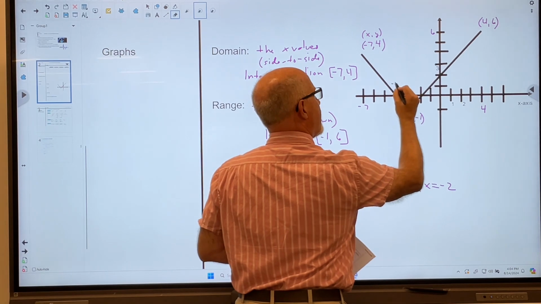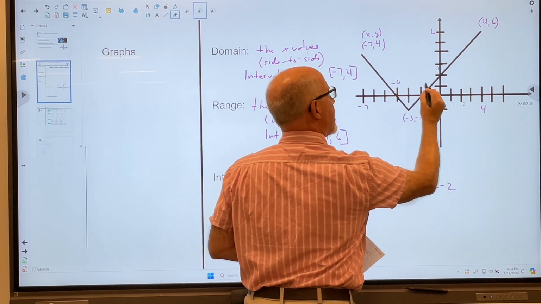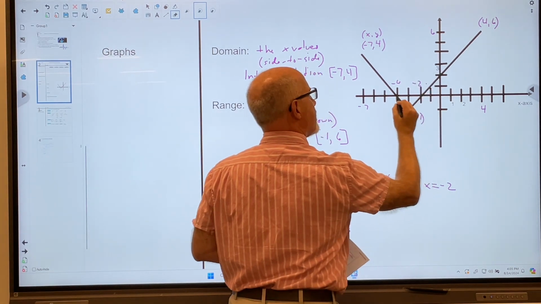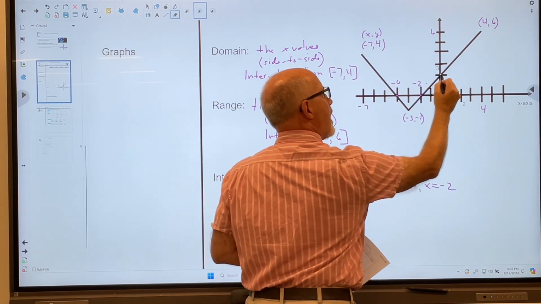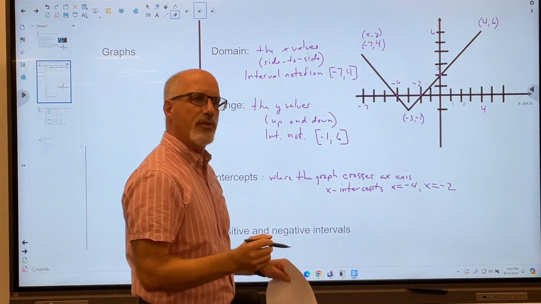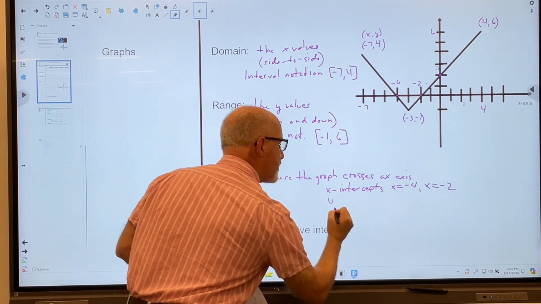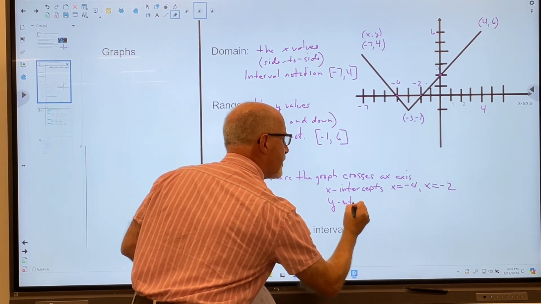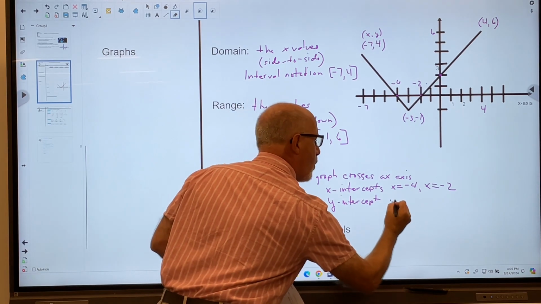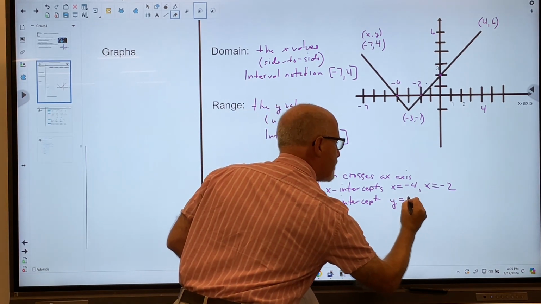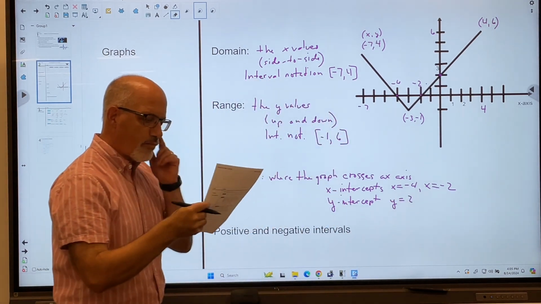So I'm going to put a -4 here and a -2 where it crosses right here and right here. And then it crosses the y-axis here at y equals 2. So it's a y-intercept at y equals 2.